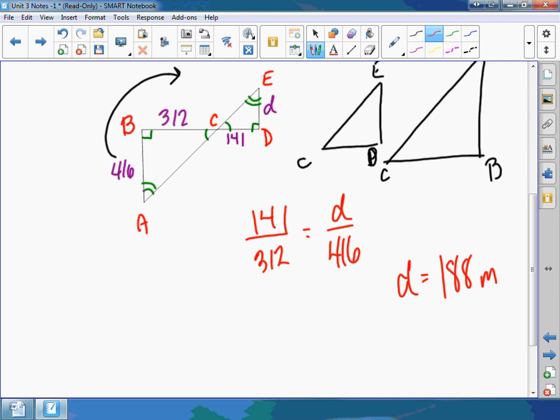Did anyone find a scale factor on this one? Just curious. What was it, Aiden? So from the small to the big, like 141 divided by 312. Did anybody find a scale factor but do it the other way, from big to small? What was that one, Jack? Okay.